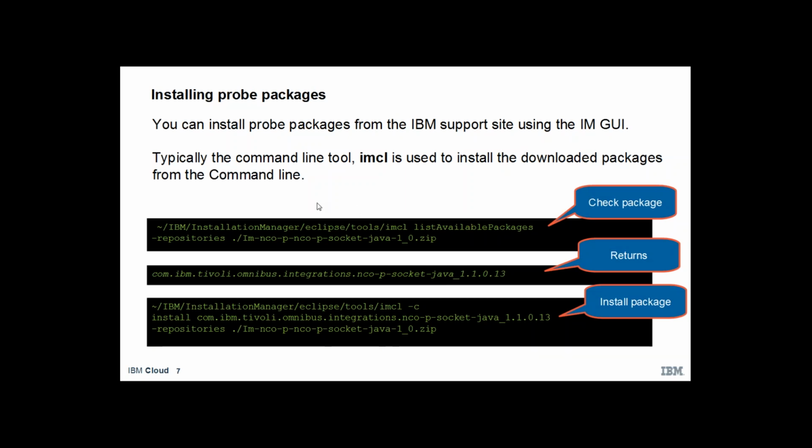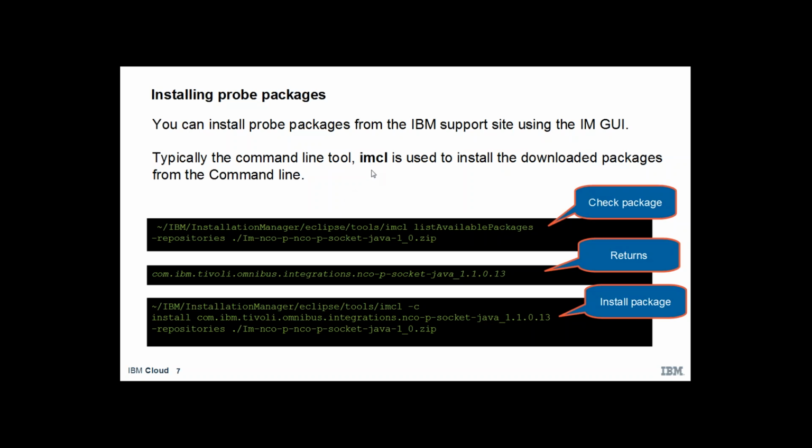So the way you install probes in Netcool OMNIbus 8.1 is using the Installation Manager. You can do it dynamically using the GUI, the IM tool, and you can point off to a proxy or the actual support site and download via the GUI, which is probably the easiest way to do it. But most of the time you're going to be using the command line interface.